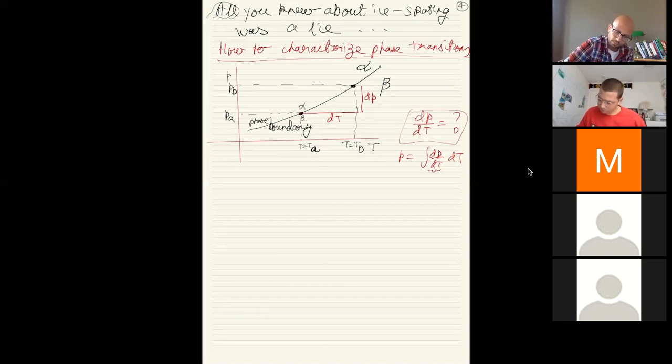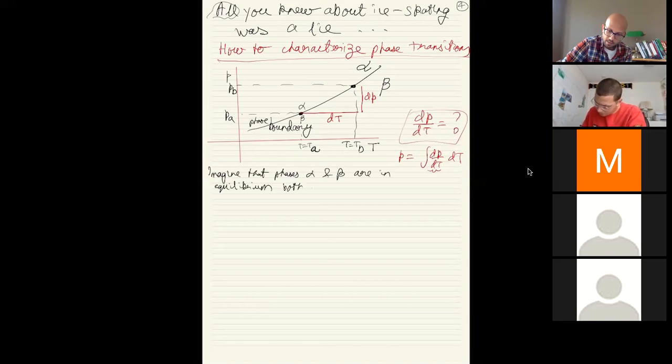In order to do this, let's imagine that phases alpha and beta are in equilibrium. Well, that's what I told you, so it's not hard to imagine.